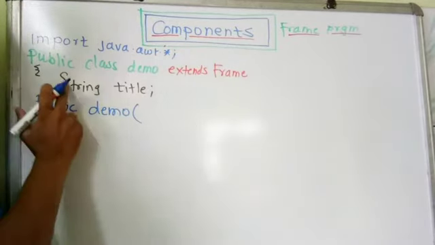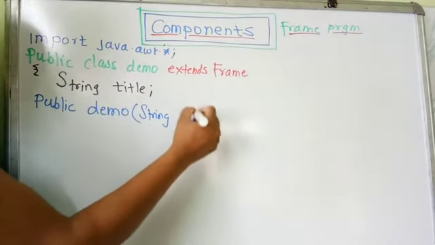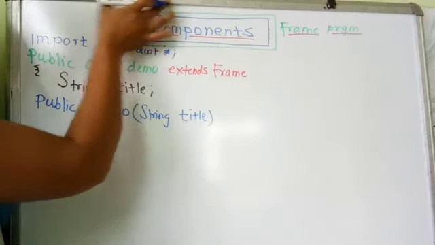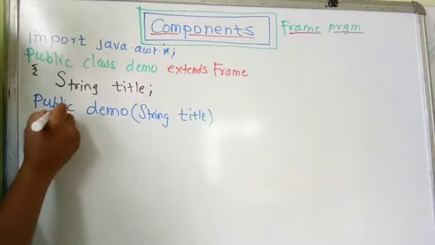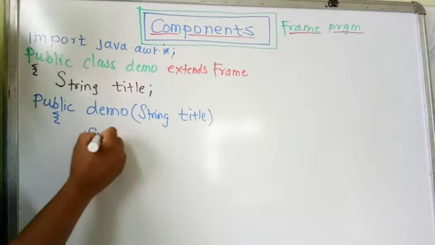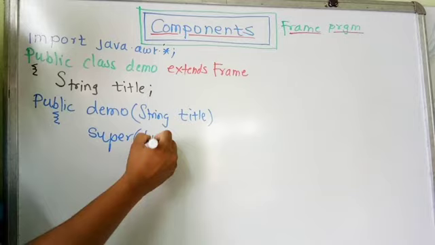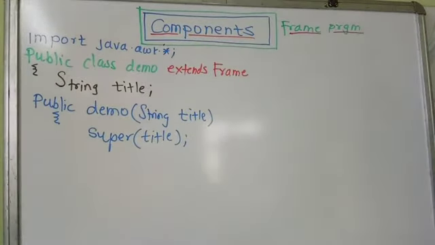Then we pass this title, that is, String title, so your title will be displayed. Another mechanism used to give this title is the super method: super in brackets title. Okay, your title will be given to the screen.